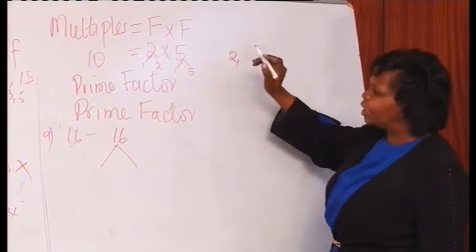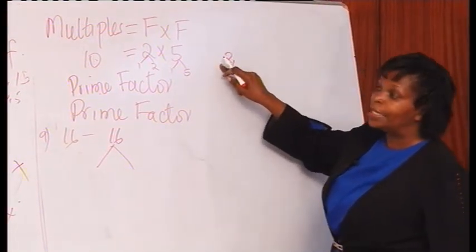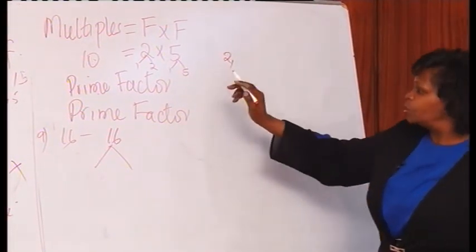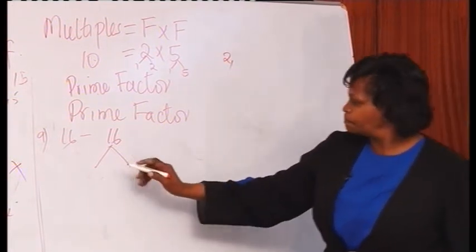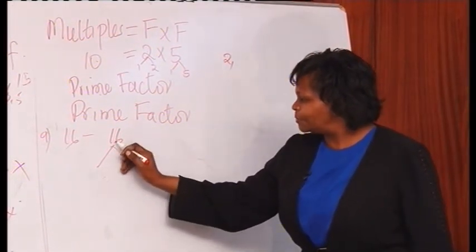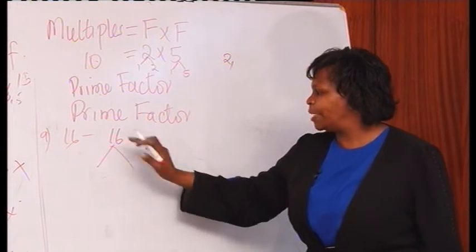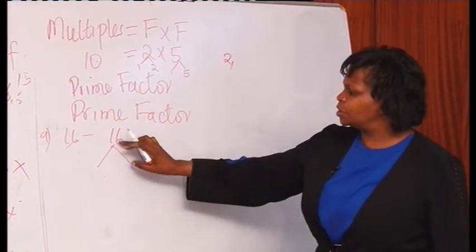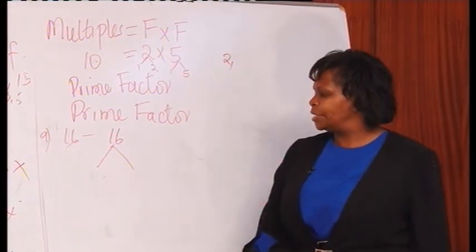And remember that 2 is the only prime number that is even. So we'll have 2. So I ask myself, is 16 divisible by 2? For sure it is, because it ends with a 6.